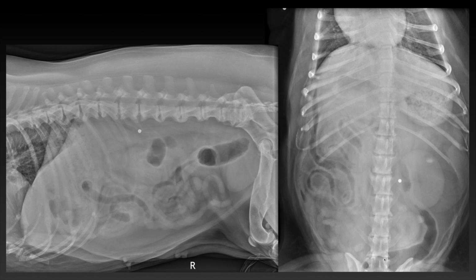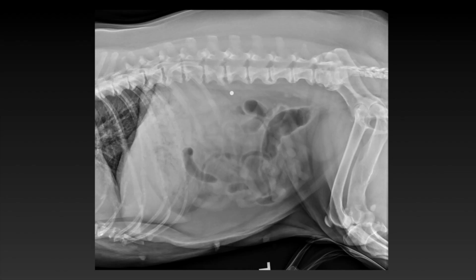So I see the descending colon here, transverse colon, and then I lose it, and then on the lateral projection there's some material here in the descending colon, some gas, and then I lose it. This could very well be cecum, and it looks more or less the same in the left lateral projection. I lose the colon somewhere here.